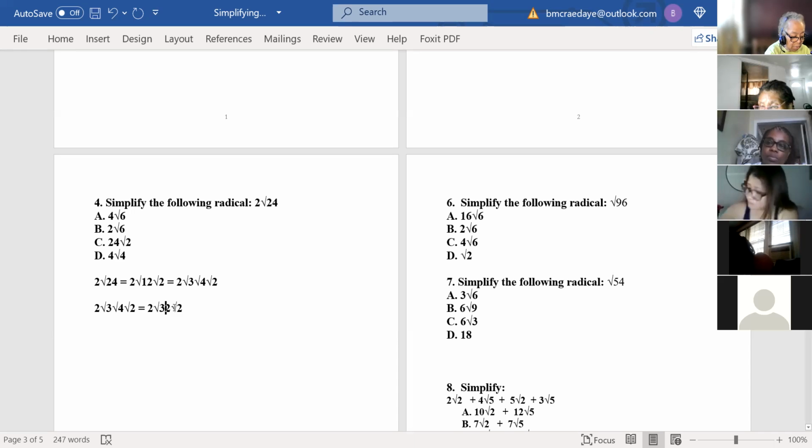And I'll put parentheses here so we don't get this confused. Okay, now what does that equal? 2 times the square root of 3 times 2 times the square root of 2. You said two threes is 6, 2 twos are 4.